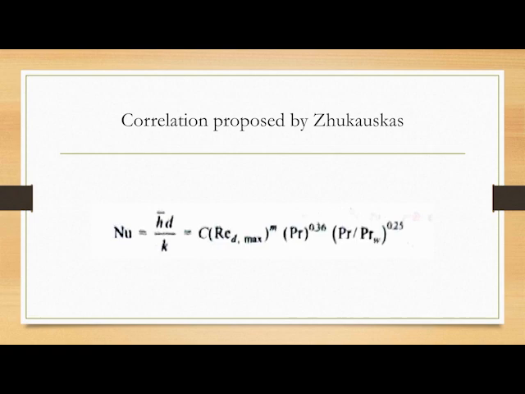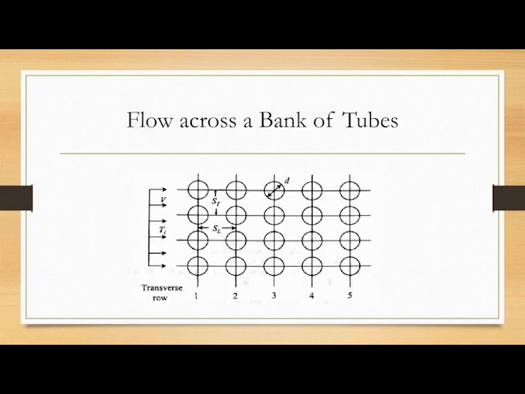Here h bar is the mean heat transfer coefficient, Re is the Reynolds number, Pr is the Prandtl number, and Pr_w is the wall Prandtl number. We could use the given correlation for the situation of flow across a bank of tubes.